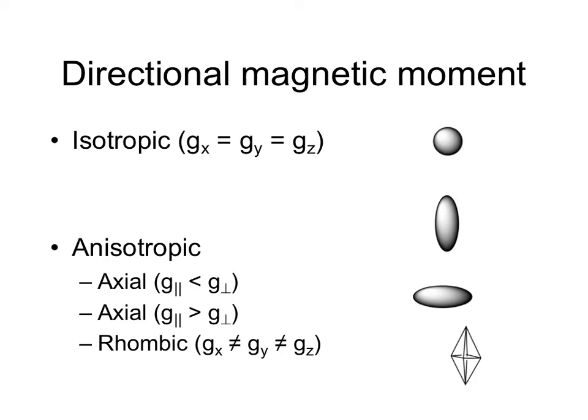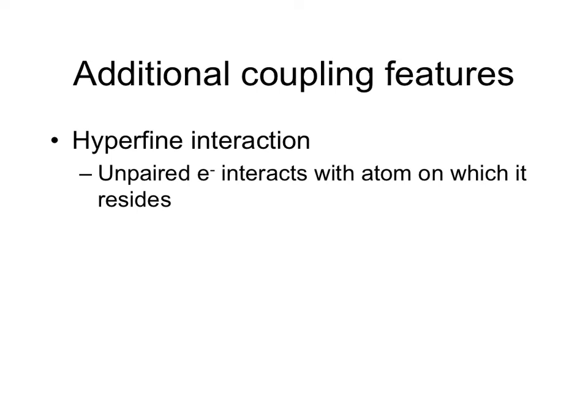I'm not expecting you to remember the details of these different axial and rhombic cases, but just recognize that different environments of the electron can lead to different shaped spectra, and I'll show some examples of these spectra on later slides.